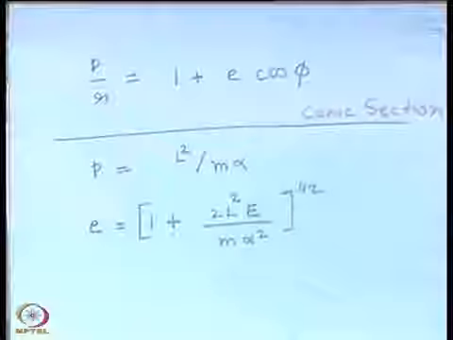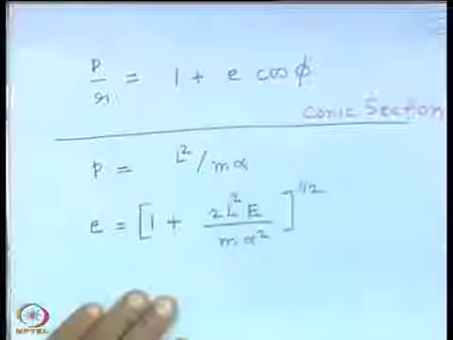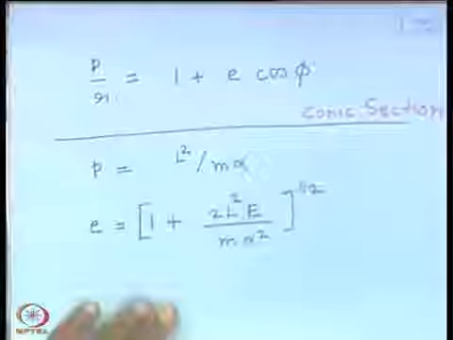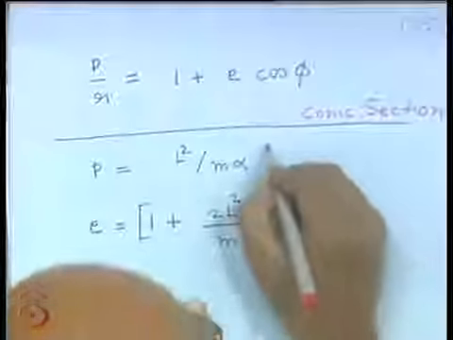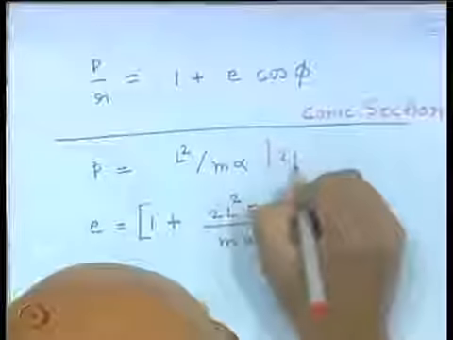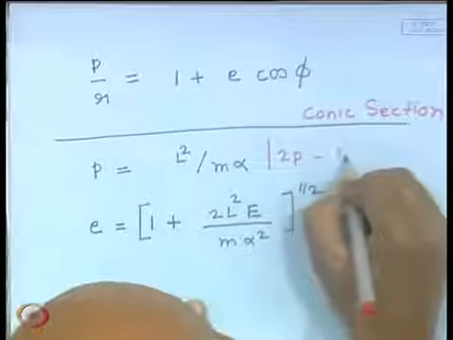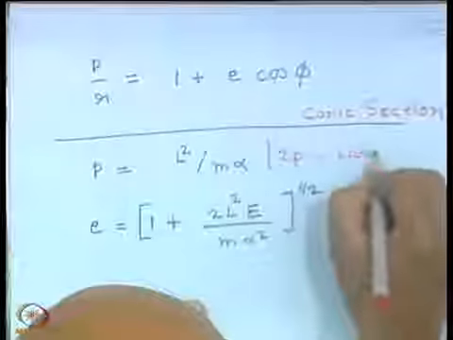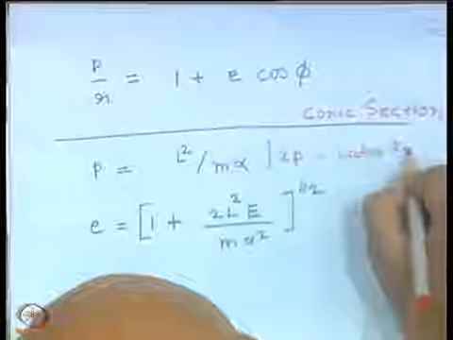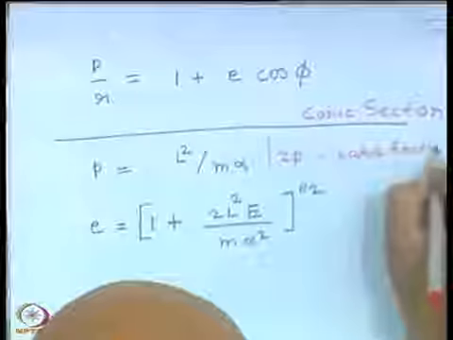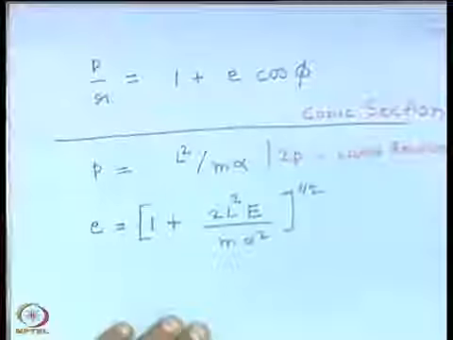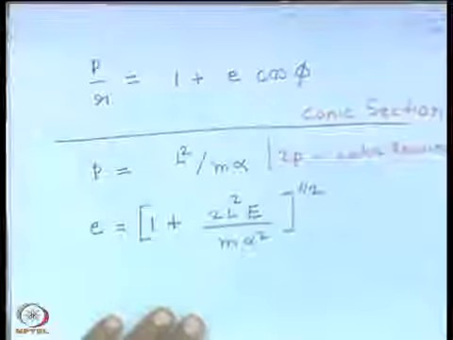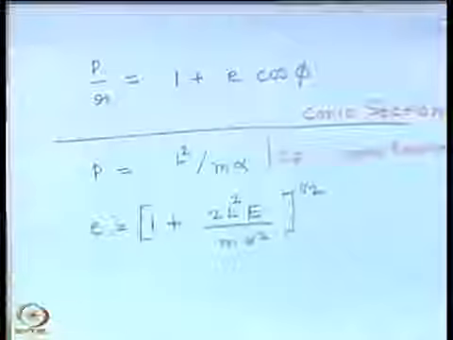And the conic section is defined in terms of two parameters. These two parameters here are P and E. Okay. 2P is called the latus rectum of a conic section, and E is called the eccentricity.